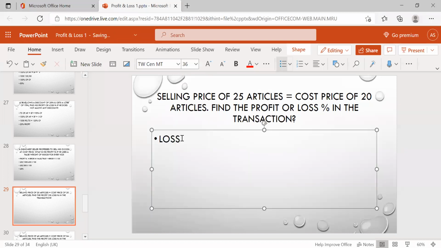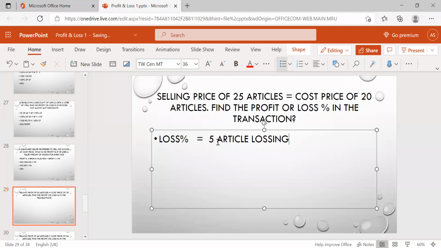Loss percentage equal to 5. What is this 5? Article loss. And how many sold? What is the 5?